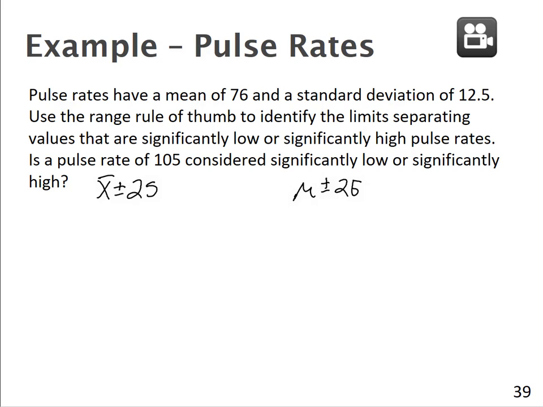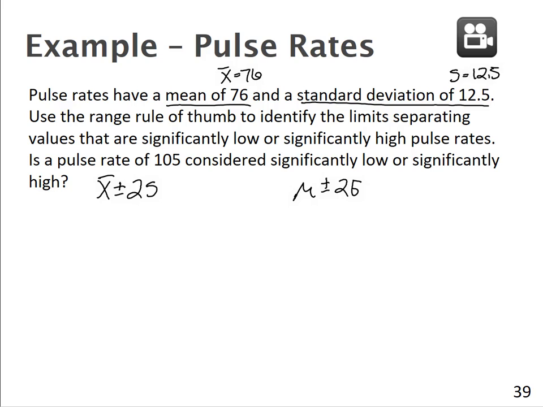The problem doesn't indicate which one it is, so I'm going to default to sample. It says that pulse rates have a mean of 76, so x bar is 76, and my standard deviation is 12.5, so s is 12.5.